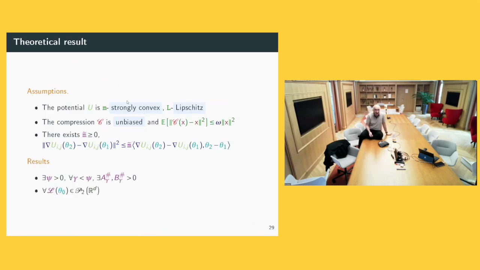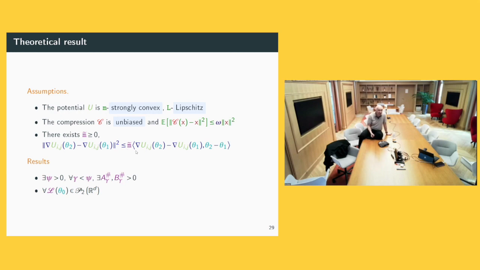You can do a first analysis. So assume that you have strongly convex, Lipschitz, a compressor which is unbiased and which satisfies this error. And then what you need is a condition that we have used with Sergey already. We use what is called co-coercivity for each client i: you look at the gradient U_i and you assume that you are co-coercive with coefficient M tilde.